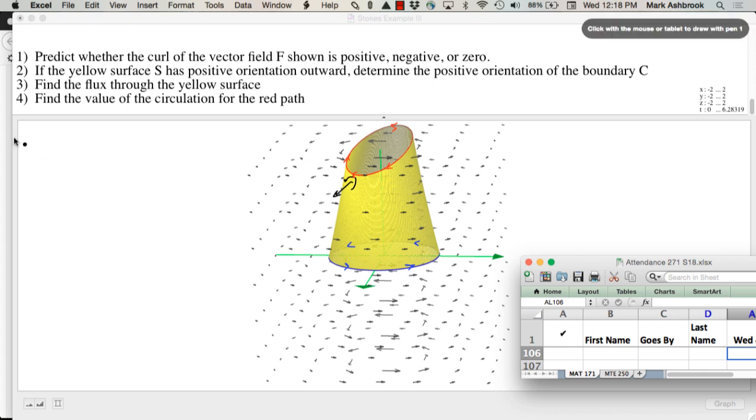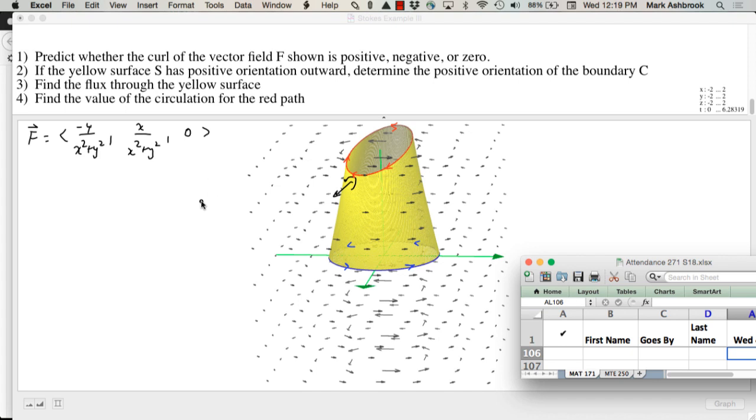Okay, that's the vector field. We want to get the flux through the yellow surface.